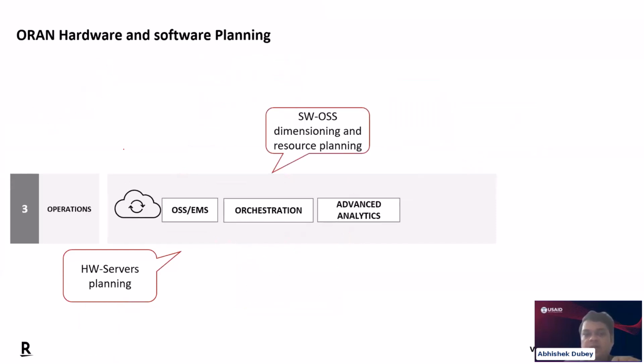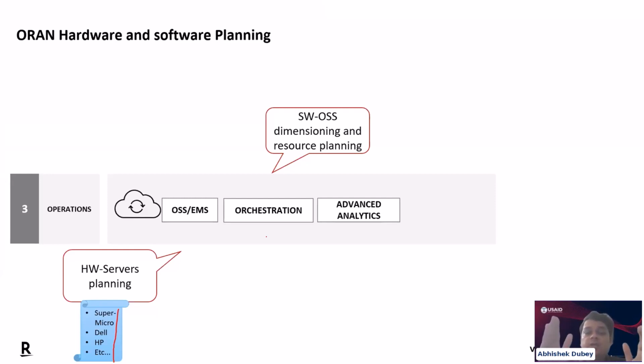The next part is your OSS. Hardware is again the same hardware. If you see here, the hardware is not changing. It means any workload, whether it's a CU, eNodeB CU, eNodeB DU, or core or RIC or SON or any other workload, our servers are not going to change.